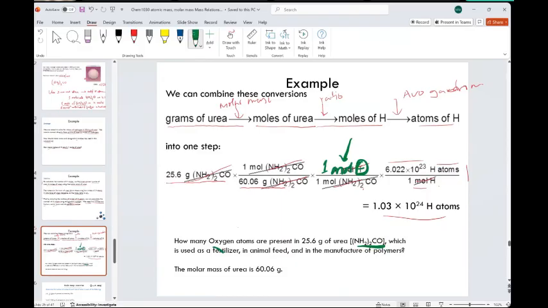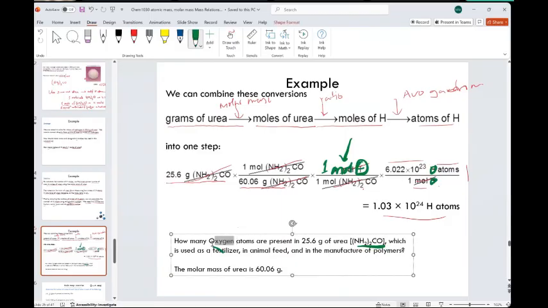And then you need to write oxygen here as well. So only the value is changed for oxygen in this part of the calculation, nothing else. Understand? The ratio of oxygen atoms to urea.